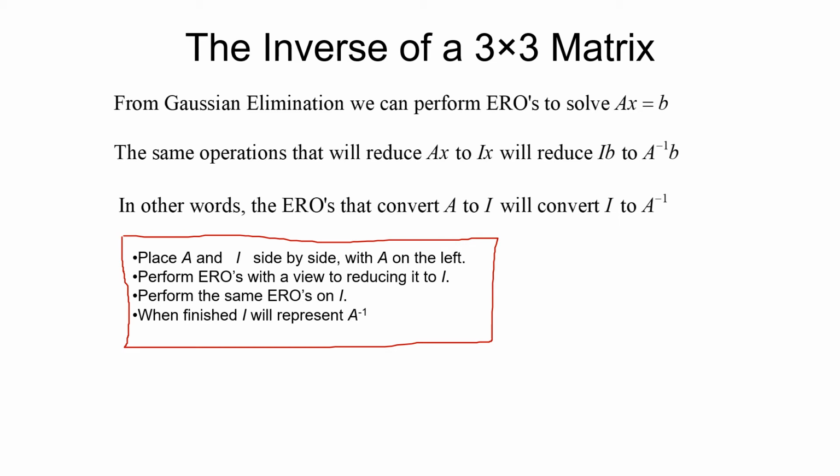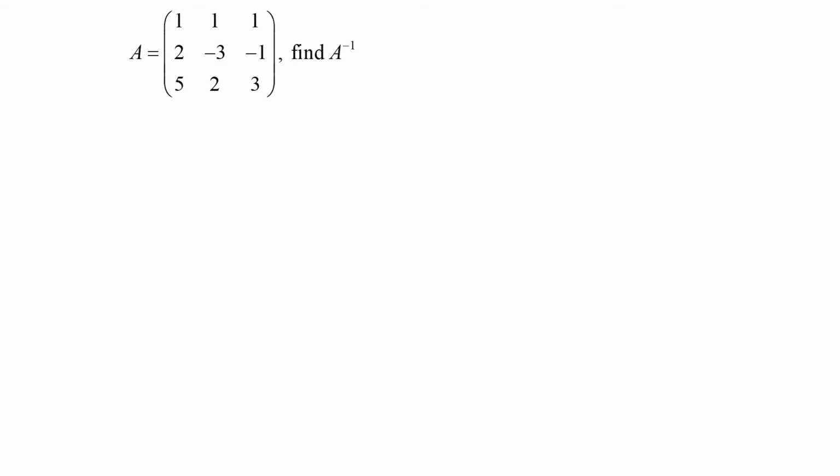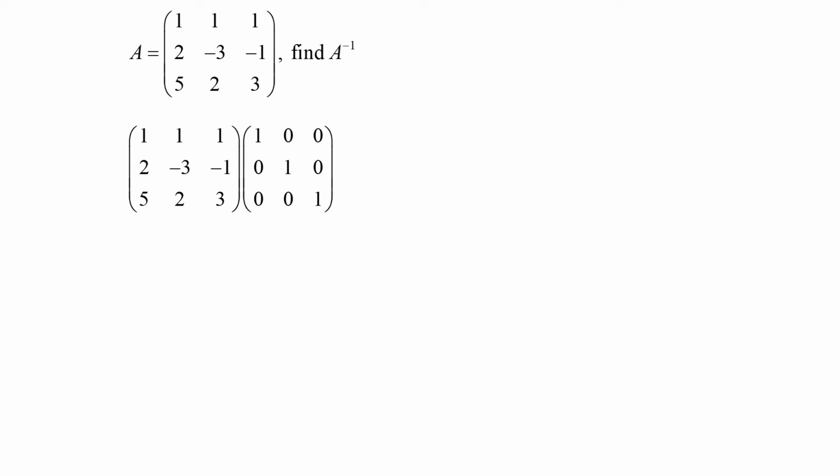When finished, I will represent A inverse. I will show you the steps in the coming slides. For example, if you have a matrix A, the first step is to write matrix A. We have copied down this matrix A side by side with I.